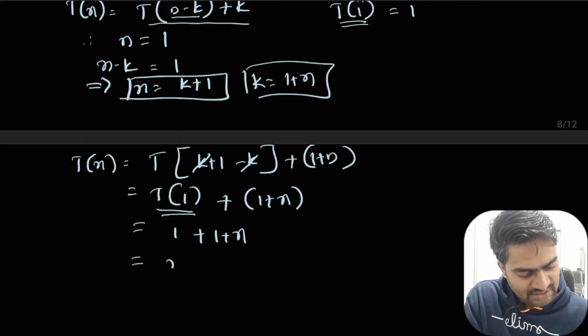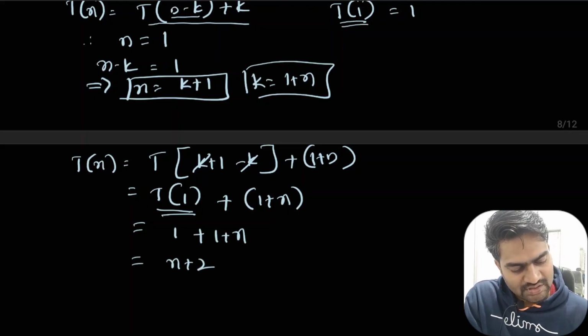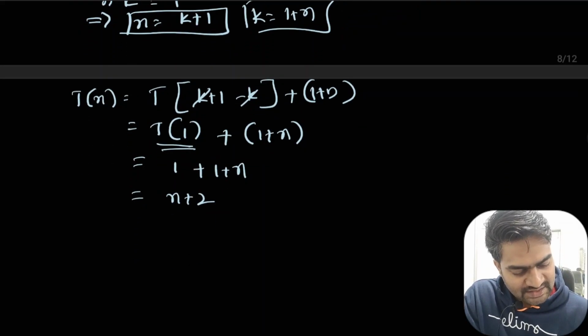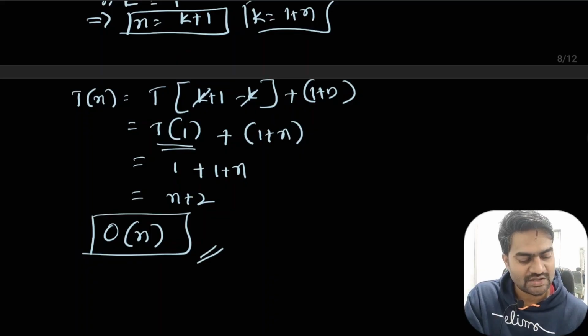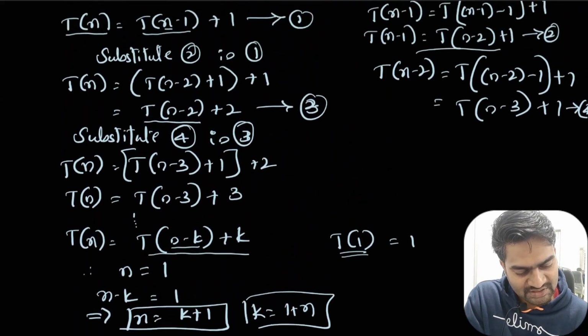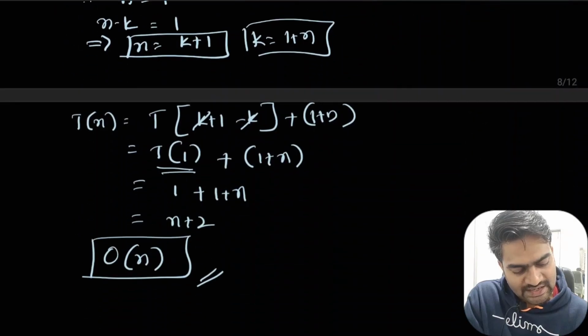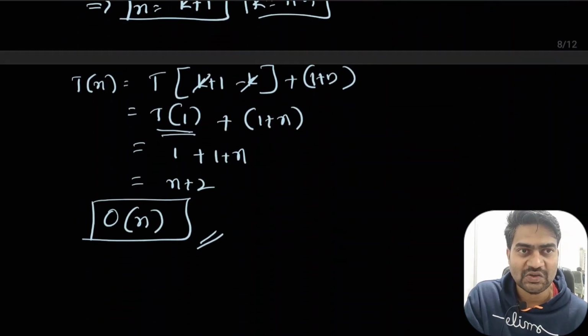That is nothing but n plus 2. So if that is the case, then our order becomes O of n for this particular algorithm. So this is how we use this back substitution method, and we try to get the order of a particular algorithm.